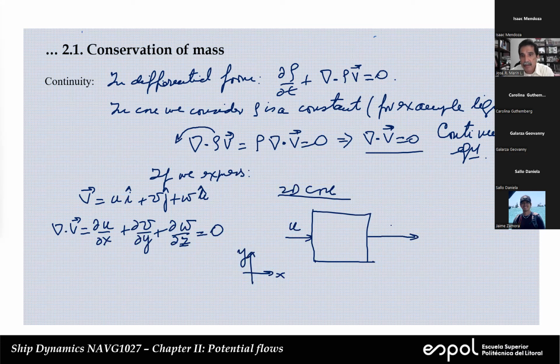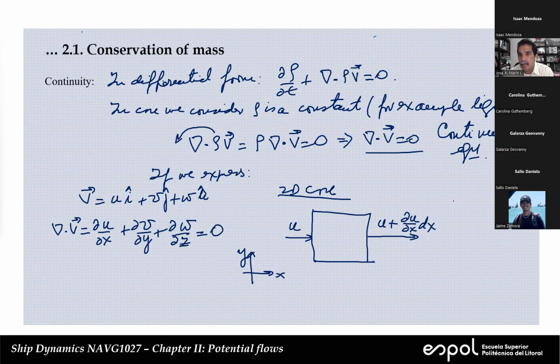So here, I have du dx dx. Let's suppose du dx is positive, and you see that the velocity here is larger than in here. That means that in the x direction the mass is going out of dv.